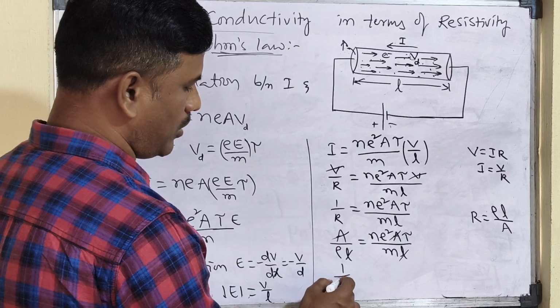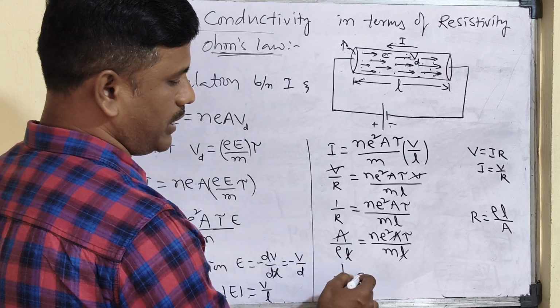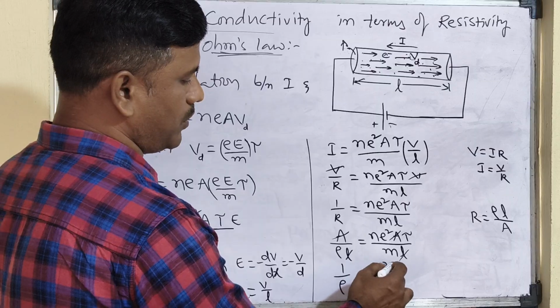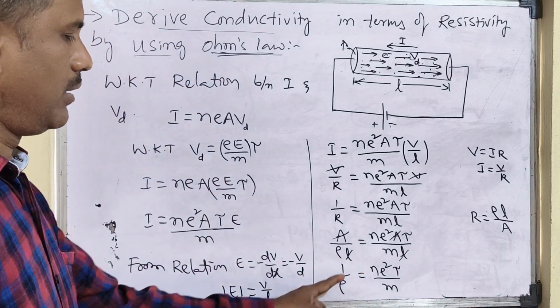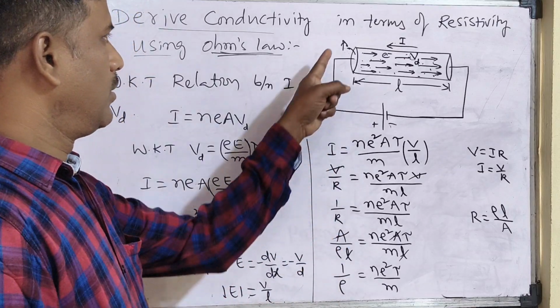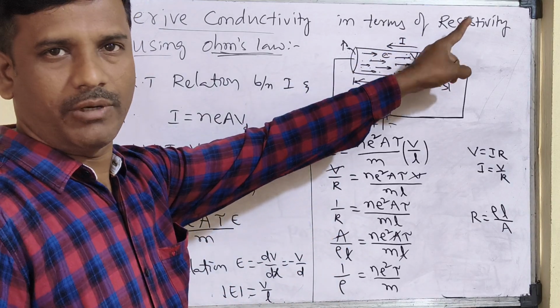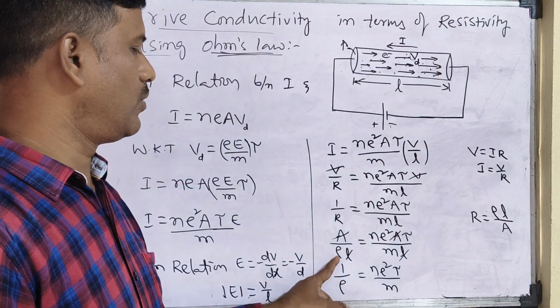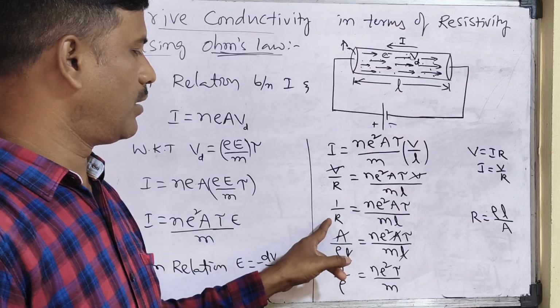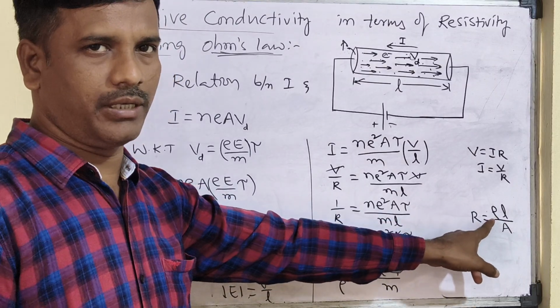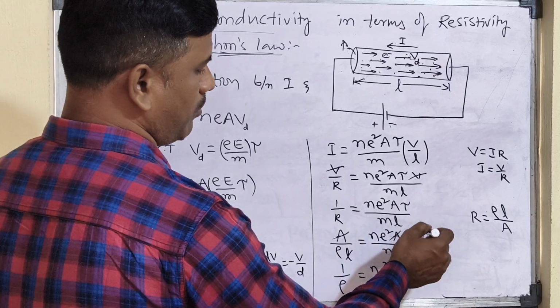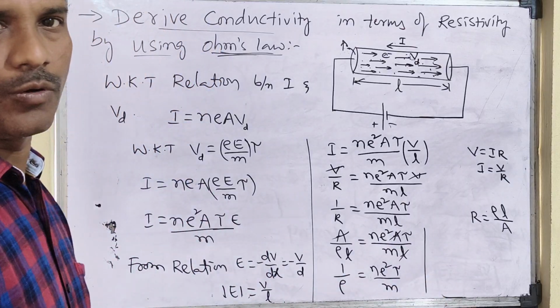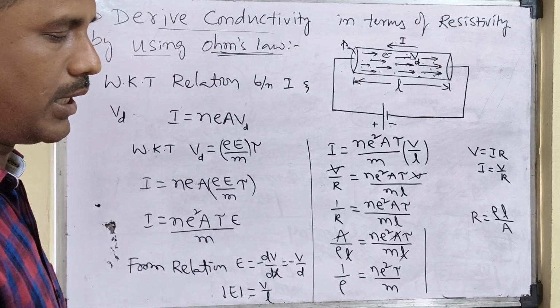Remaining what? 1 by rho is equal to n e square tau by m. Why are we using this equation? In that question, they mentioned it in terms of resistivity. Resistivity means rho. So that's why R is replaced by the resistivity concept, rho L by A. 1 by rho means what? The reciprocal of resistivity, nothing but conductivity.